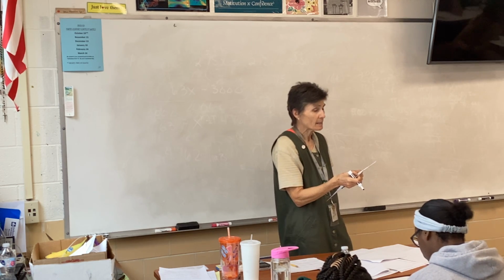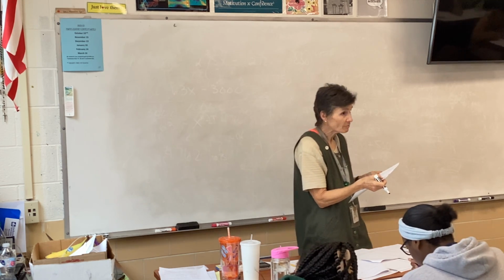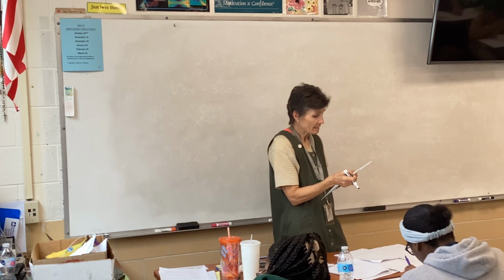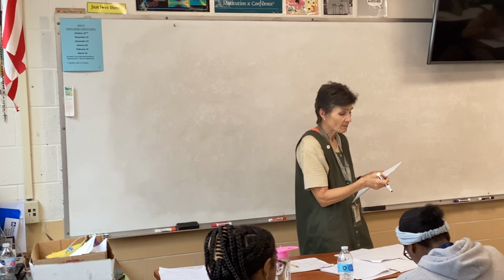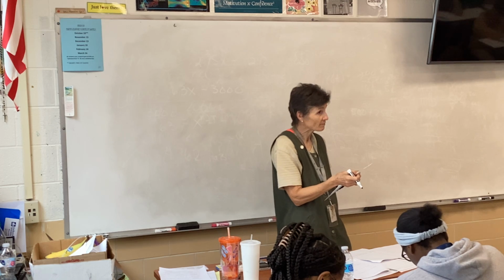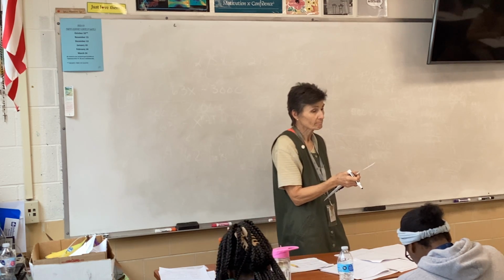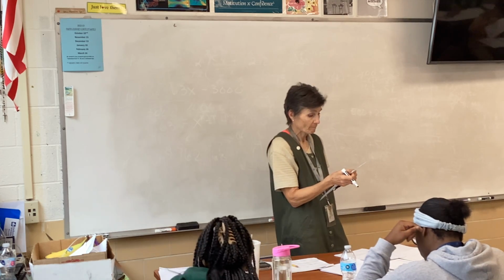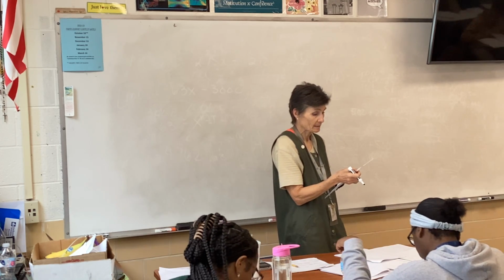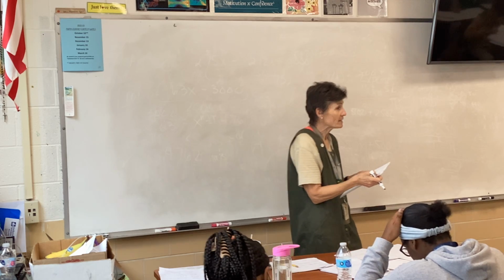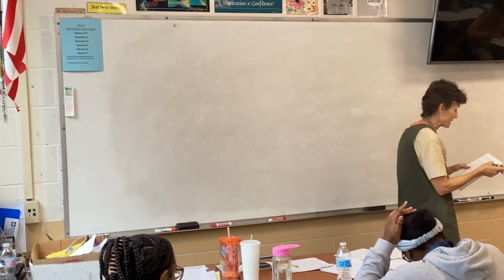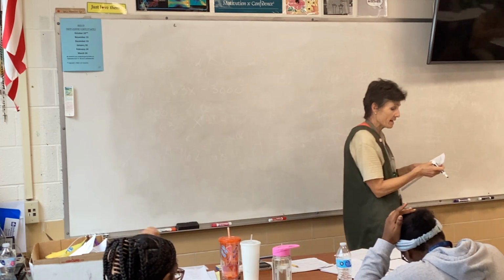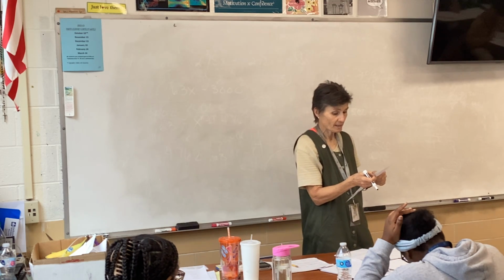Its degree is 5, and its constant of variation is 1/2 k. Are you with me? Everybody looking at what I'm looking at? Number 6. The variable is v, so the power, or the degree, is 5, and the constant is 1/2 k.